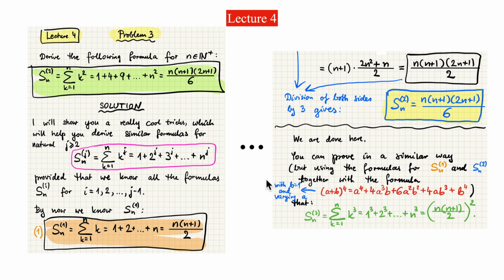And it is actually a very elegant method of deriving formulas for the sums of squares, of cubes, of fourth exponents, and so on and so on. And all of them are based on the same method, and all of them use this formula for the sum of n first positive natural numbers.